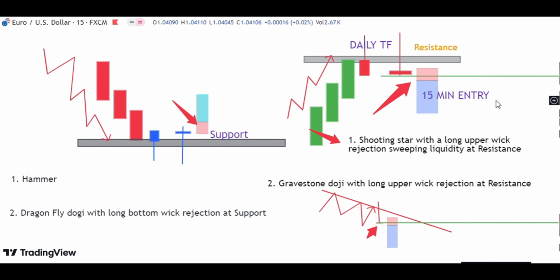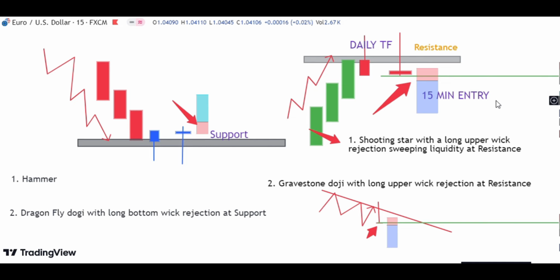First, a daily time frame. You identify the hammer or the Dragonfly doji or the shooting star or the Gravestone doji. Once you identify those on a daily time frame at areas of value, support, resistance, trend lines, then you go to your 15 minutes time frame the next day and place your trades above the horizontal line that you have marked above the hammer and above the Dragonfly doji.